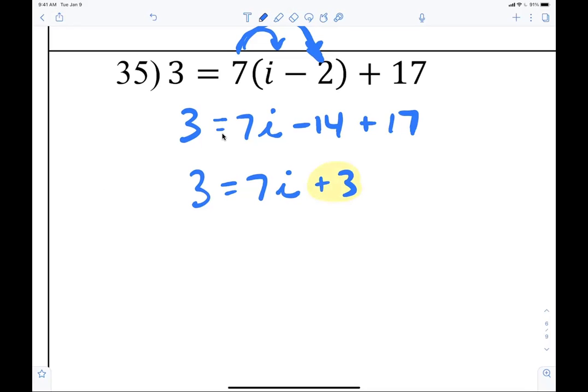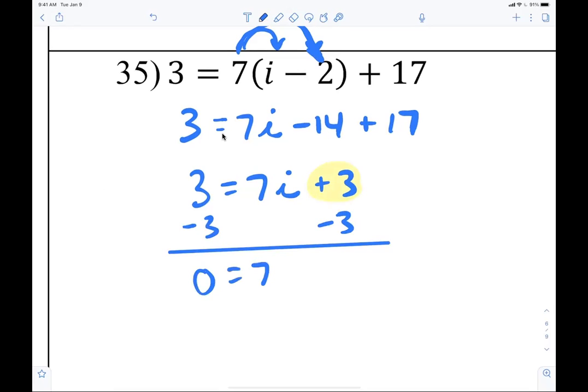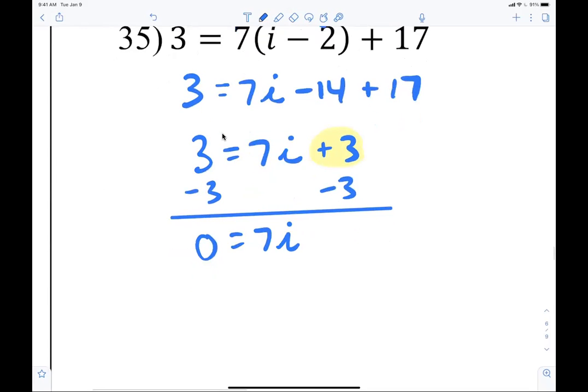How do I get rid of plus 3? Come on, you're telling me. Subtract 3. Do you agree or not? So what's 3 minus 3? Now what? Now how do I get rid of the 7?